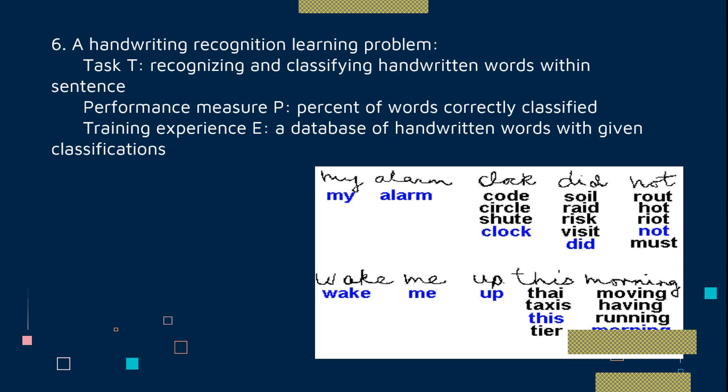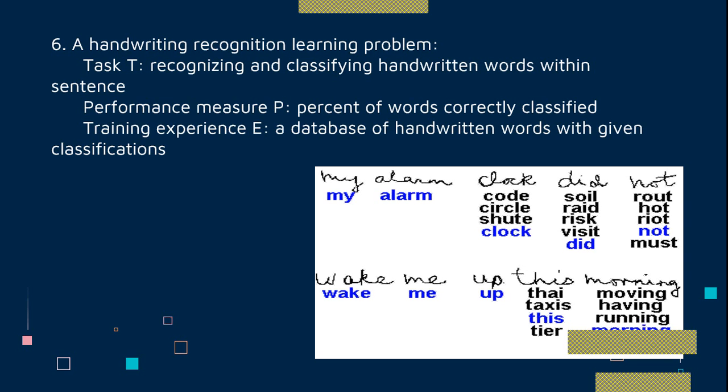Did may be anything. Not may be hot, may be not, or may be must. So it cannot classify properly, so it gives options. Out of these options, you have to decide which word is correct. Same with morning. These words are very difficult to recognize, so it classified them into different words. For morning, it says moving, having, running, morning, living, loving.